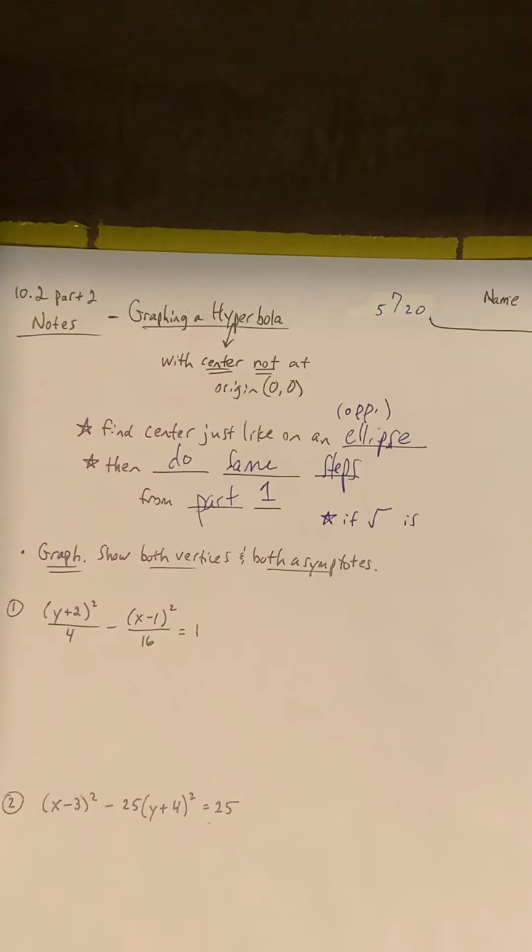Some of the other steps determine if it's going to cross the x-axis or the y-axis, depending on which fraction comes first. Take the square root of the bottom number of the first fraction to see where your two vertices or points are. And we'll review some of those steps when we do our examples below as well.